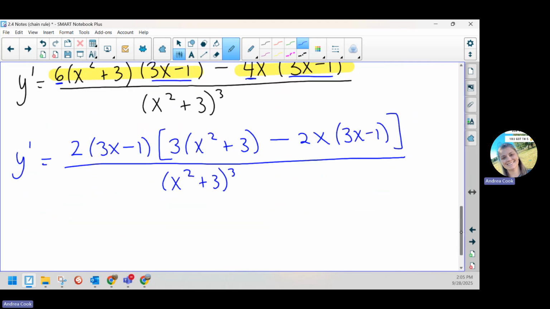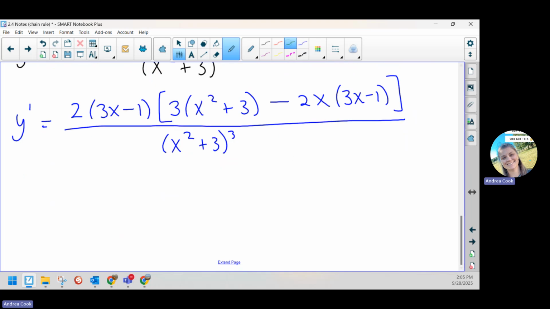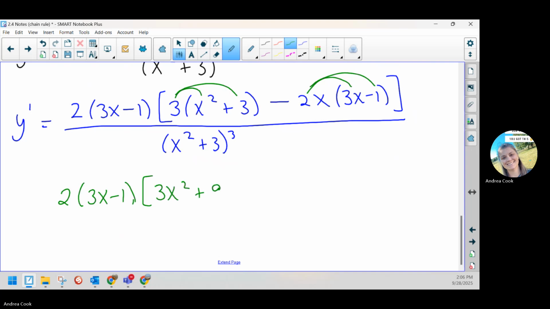Now I need to clean up the inside of this bracket. So distribute this, distribute that, and combine like terms. Don't forget we're distributing in negative 2x.